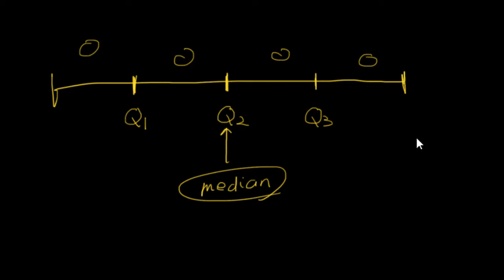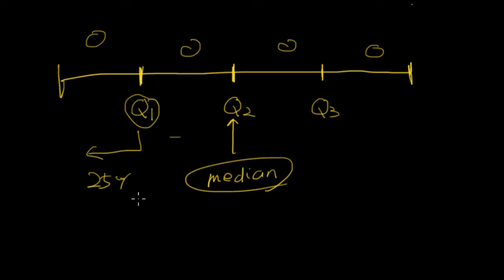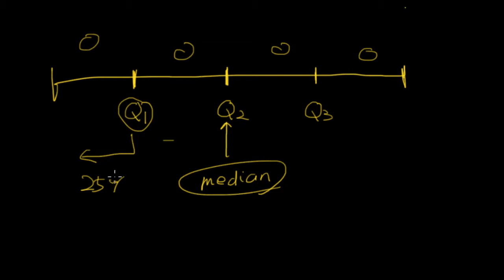Think about it. Because Q1 is right here, that means behind this is 25%. As you can see, we cut it into 4 pieces, so these are all 25% each, right?